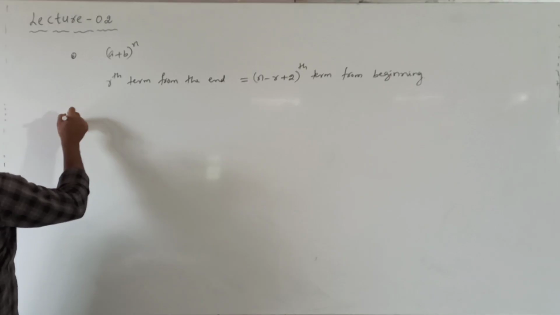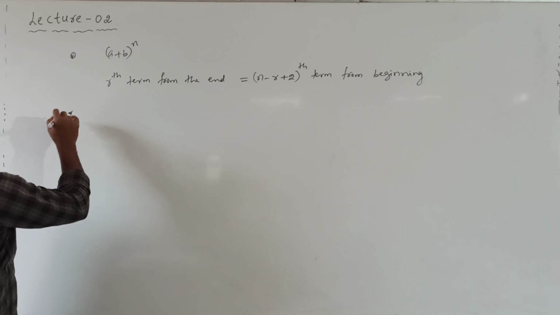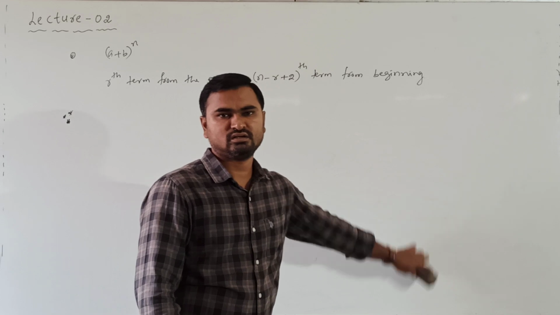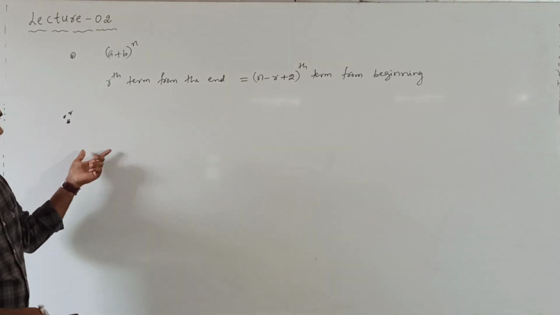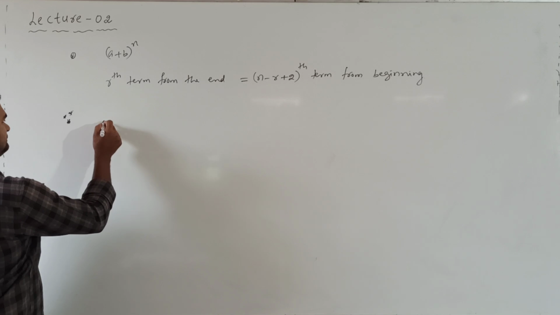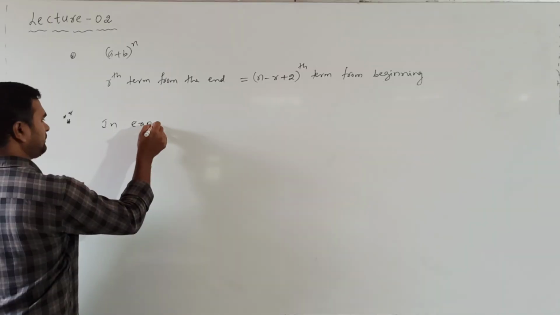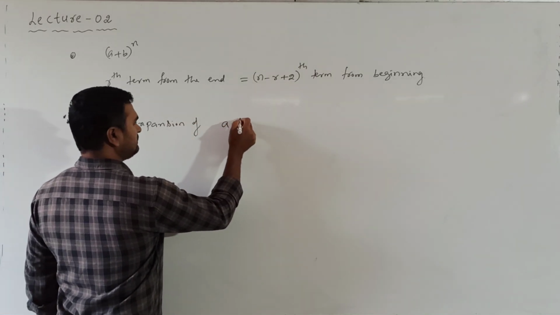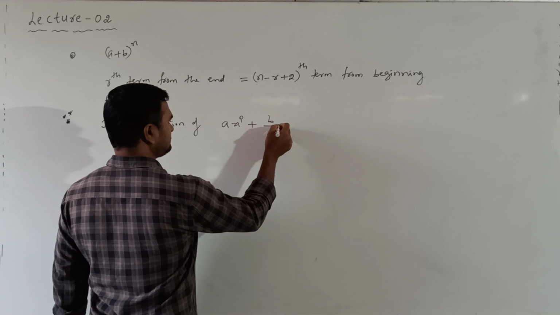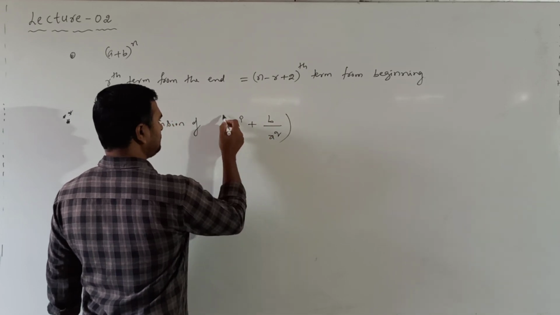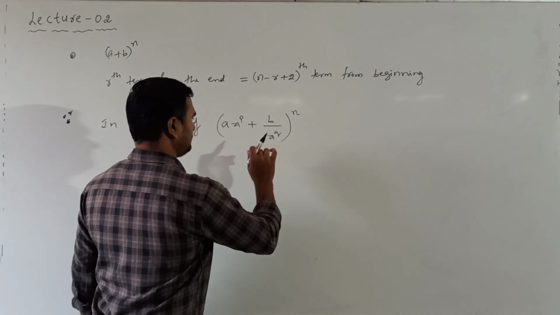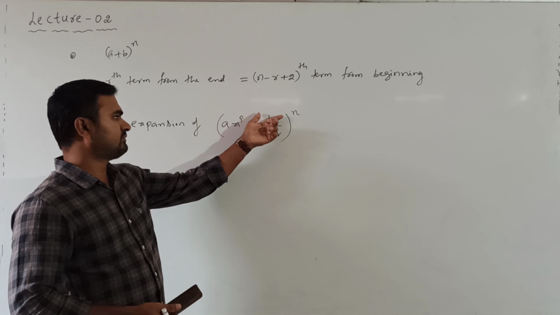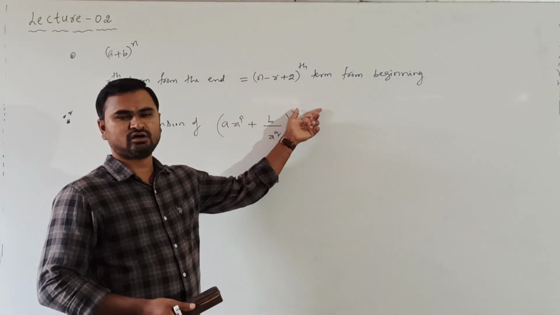Next, one more important formula. For solving almost 90% of problems in the binomial theorem, we will be using this one formula. So in the expansion of (a x^t + b / x^q) whole to the power of n, some expansions will be given in this form: a x^p plus b by x^q whole to the power of n.